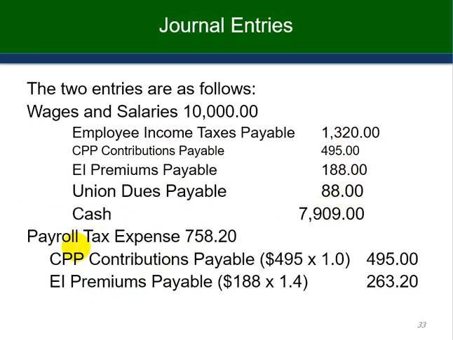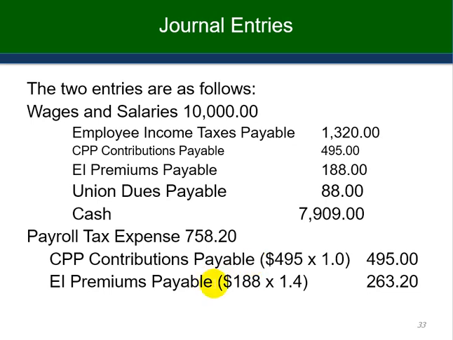There's also an obligation that we have as an employer to pay a matching amount of CPP. So CPP is 495 up here. It's 495 down here. So we pay basically almost $1,000, $990 in total, half of which is the employer and half of which is employee obligation.